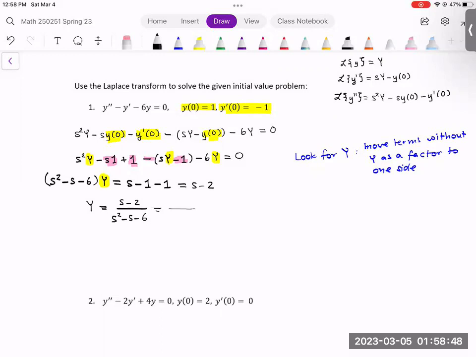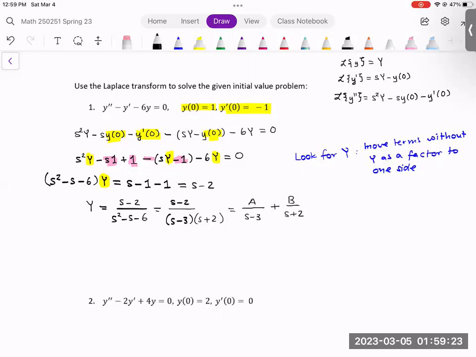What we're going to try and do is factor our bottom. The denominator we can factor as s minus 3 times s plus 2. And so we can find a partial fraction decomposition for this expression. Our terms are going to have just denominators of s minus 3 and s plus 2.